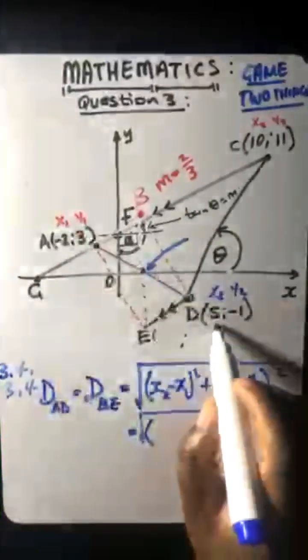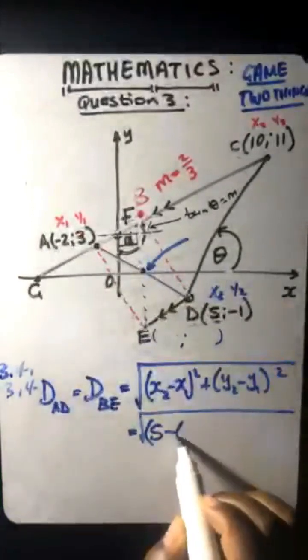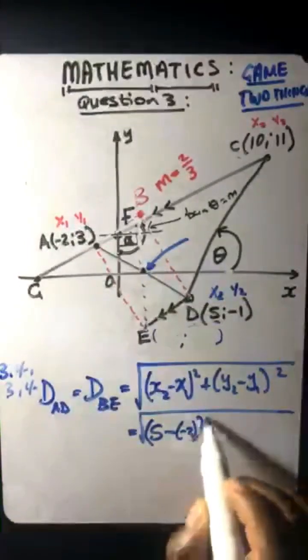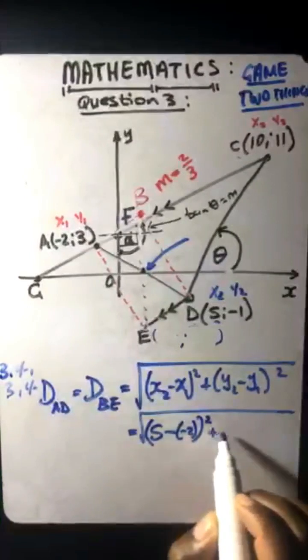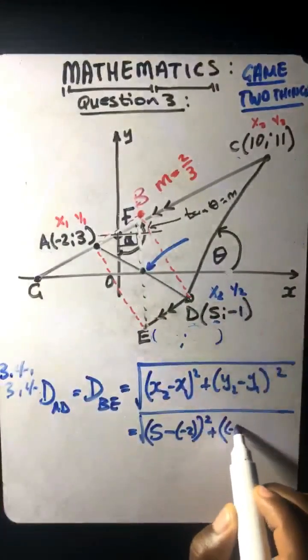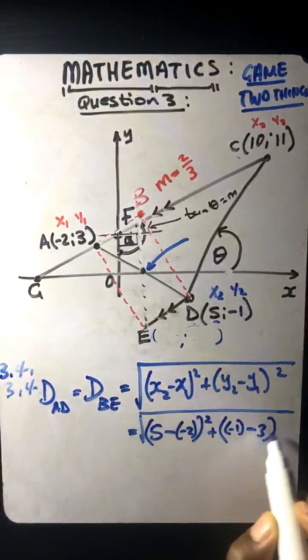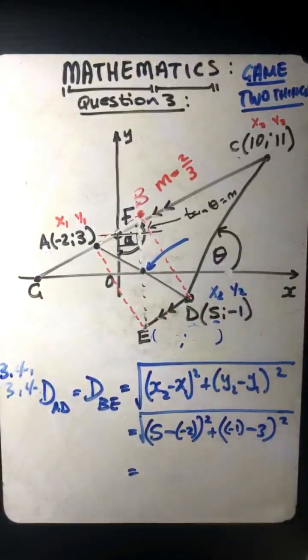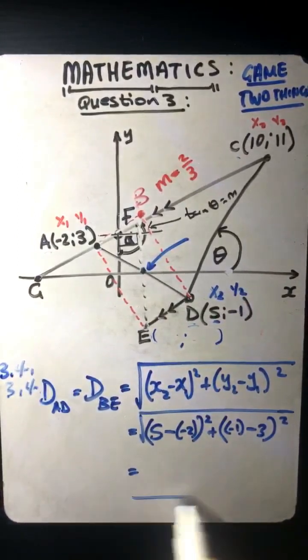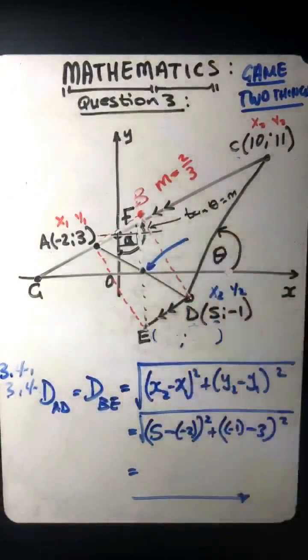So you just substitute X2, can you see it's 5 minus X1 inside the brackets. Remember to square that because it's in most cases where you forget. Y2 inside the brackets minus that one, which is 3, then you close, you square. And then you punch that on your calculator. Whatever you get is the distance of that diagonal line.